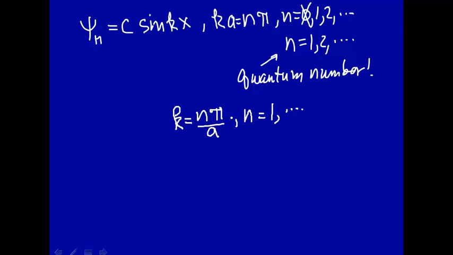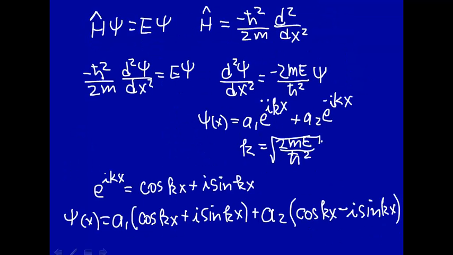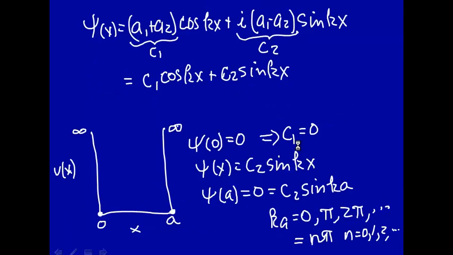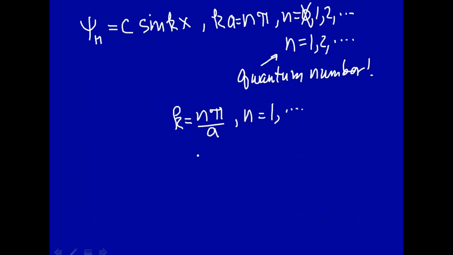And remember also, by the Schrodinger equation, we said that k is also equal to the square root of 2mE over h bar squared.